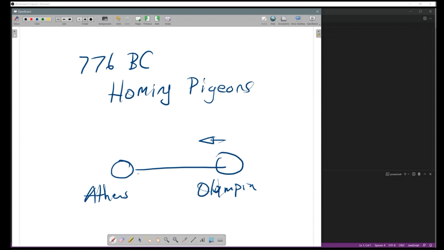So what would happen is they would take the bird to Olympia, tie the message to the bird when the games were finished, and the bird would fly back to its home in Athens. But if let's say there was some reply that needed to be sent back to Olympia, this was not possible. So this is what we call a unidirectional property. This message can only go one way.